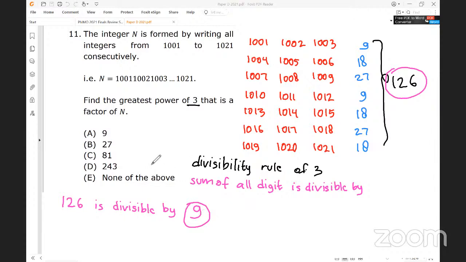As you can see, if you divide by 27, it cannot; it has a remainder. Okay, it's so easy. But if you want to prove it, I challenge you to prove it manually if you have time, and then show it to me. Okay? So the answer for this one is A.